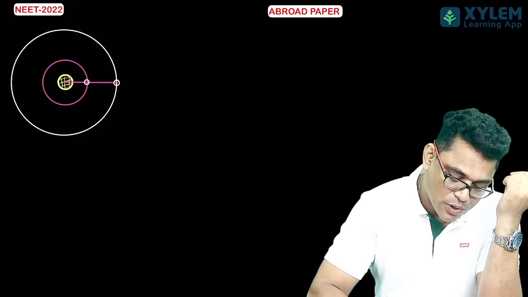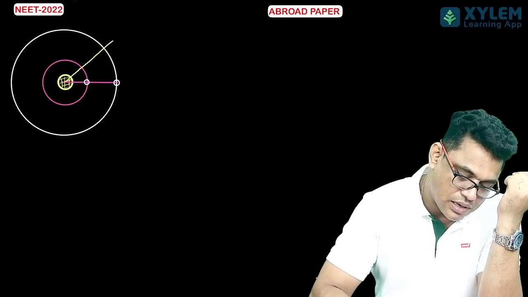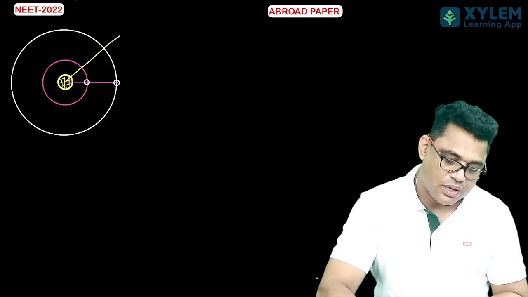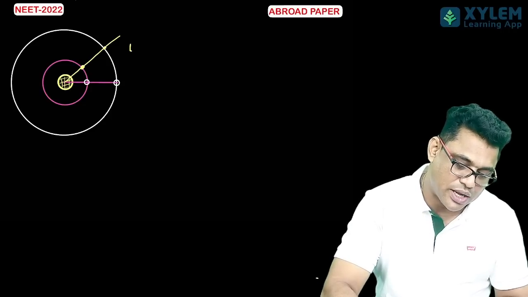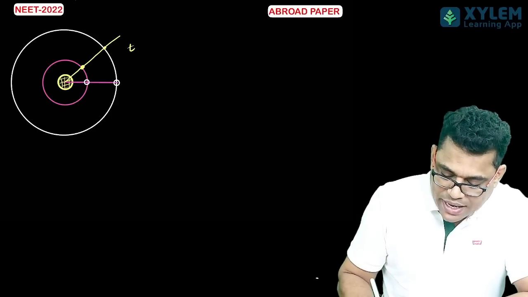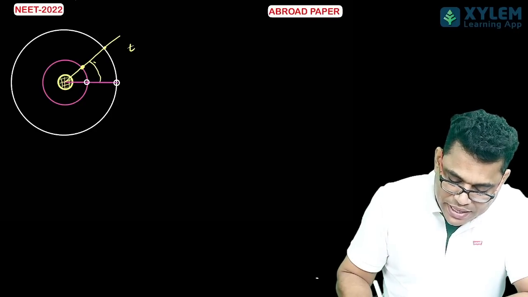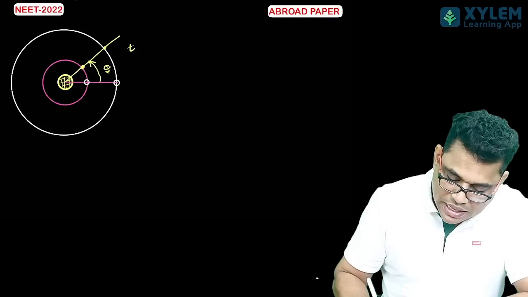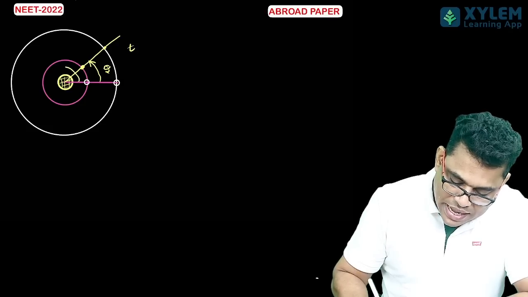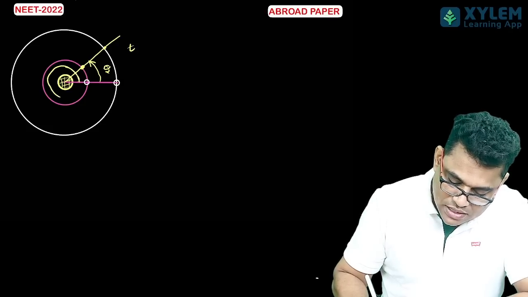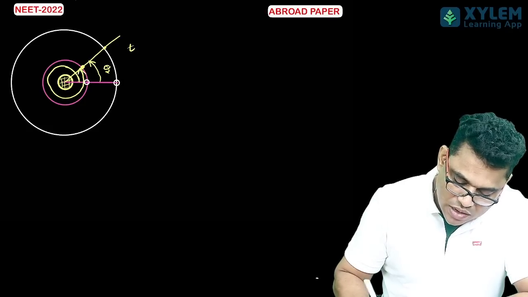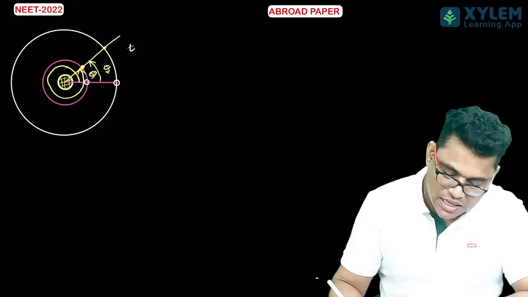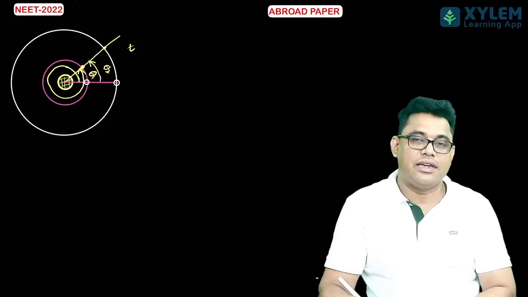Suppose the planets are in the same line after the time t, small letter t. What happened here? The outer planet has undergone an angular displacement theta 2. The inner planet has undergone an angular displacement theta 1, and theta 1 and theta 2 are related.